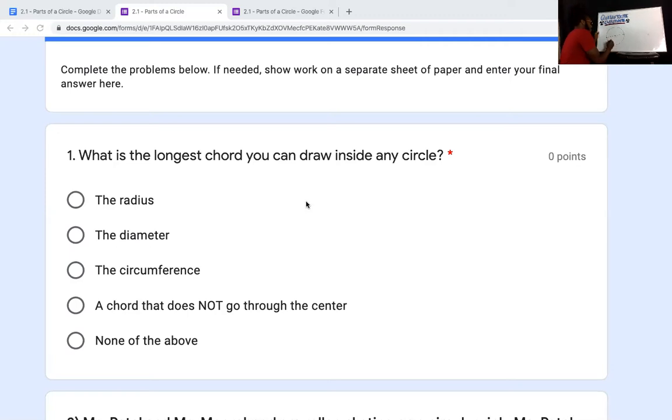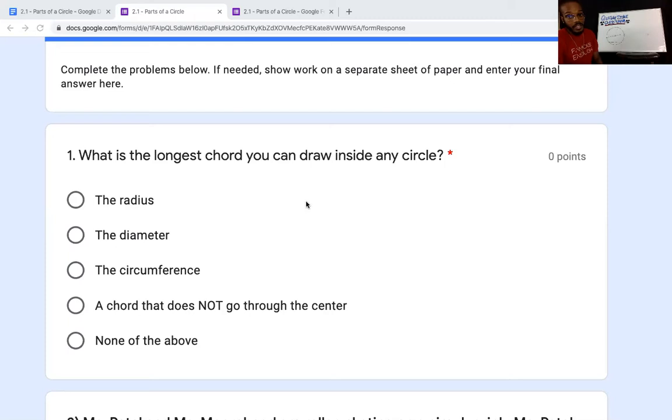And then the other one was a chord, which is basically when you have 2 points that make a line on a circle, but that line doesn't go through the middle of the circle at all. So again, you have a radius, a diameter, and a chord.